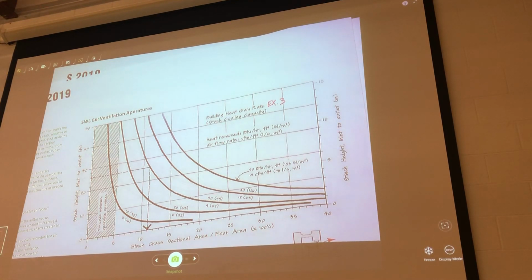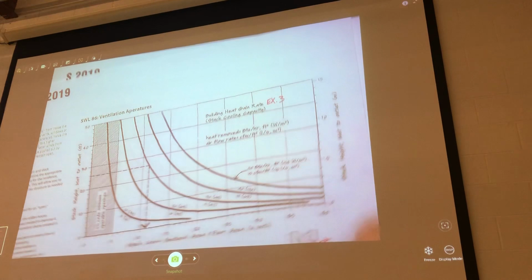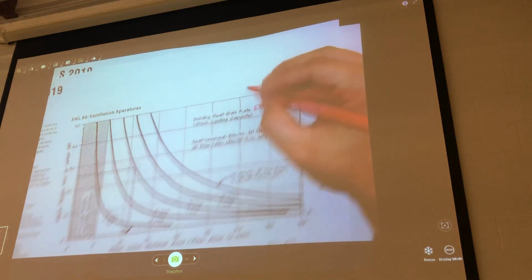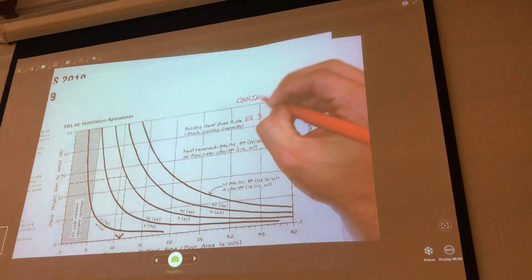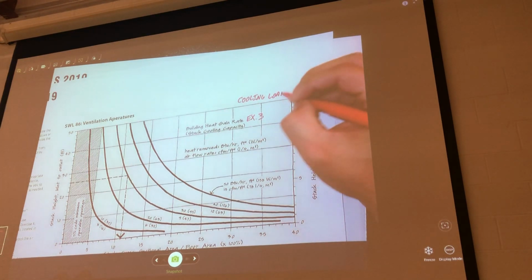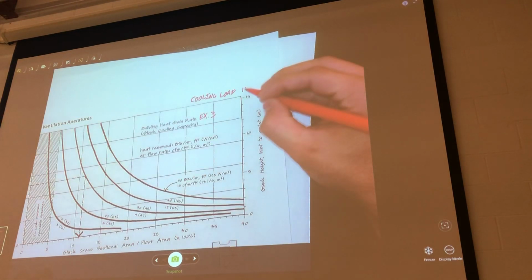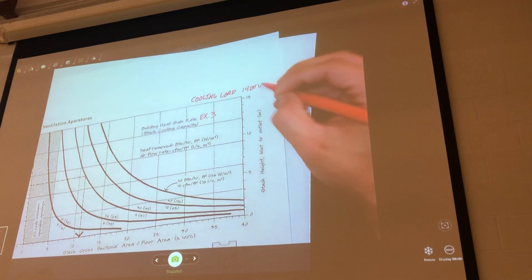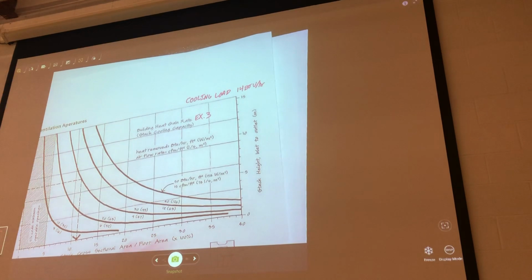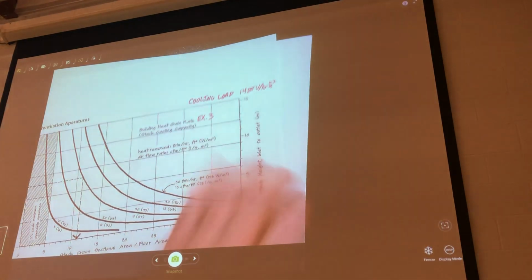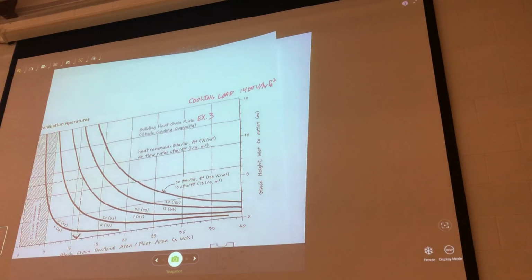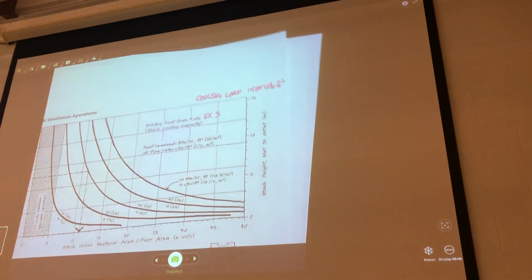Okay, I'm going to go with 14. So let's say from exercise 3, I've got a cooling load of 14 BTUs per hour per square foot.